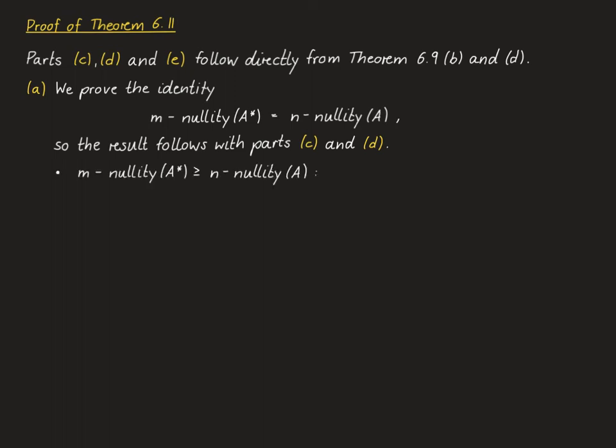The proof of this identity will involve two parts. In the first part, we will prove one sided inequality, and in the second part, we prove the opposite inequality.